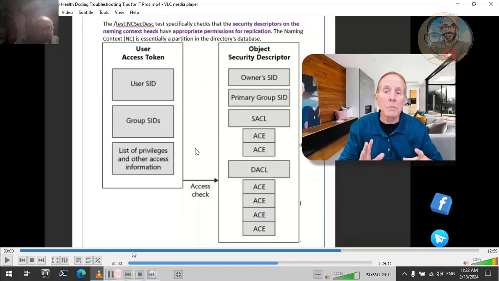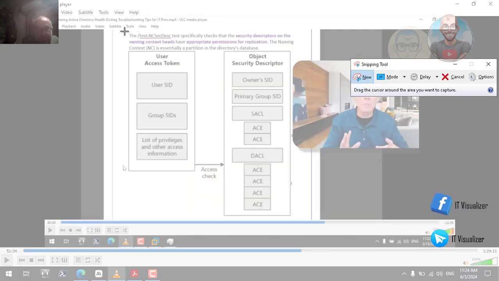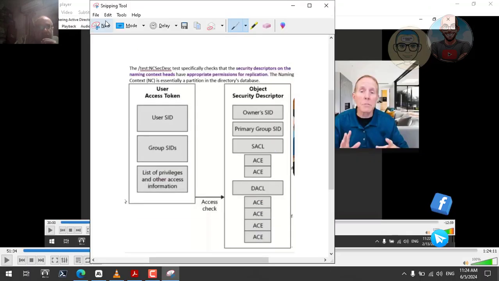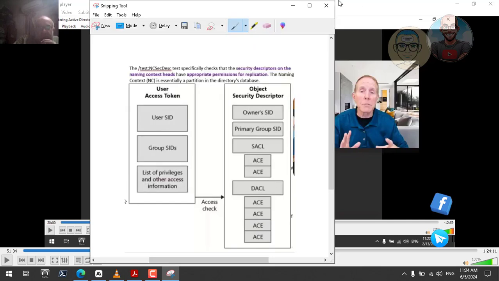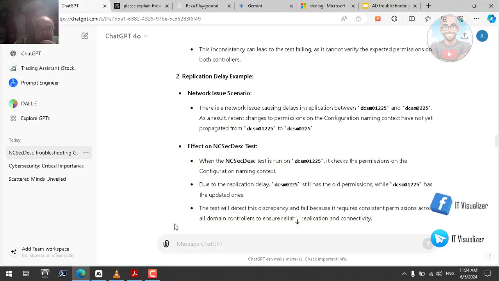So I can do something here. I can go like this and ask ChatGPT to explain it. We can just take a screenshot, then File, Save As, and make it a capture 1000, and ask ChatGPT to explain it, even though it's very, very simple, but let's see if we can get an answer from here.